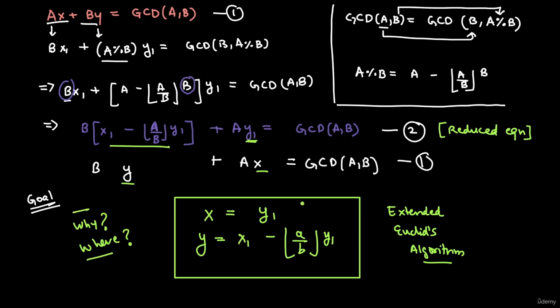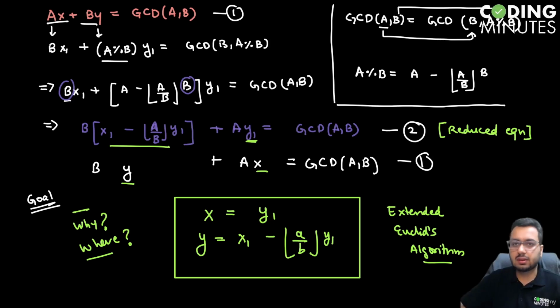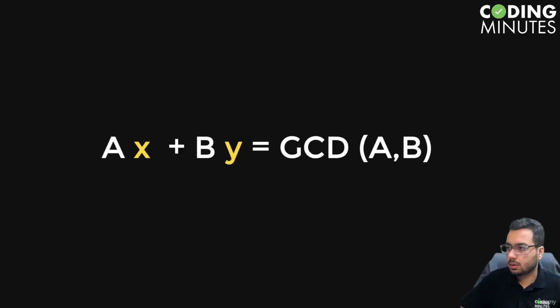Right now you should note down this result and we are going to use it in the next lecture. So that's all for this video, but it's not yet complete. Let's see the application of this result in the next lecture. It will help us reach a solution for this particular equation and we would be able to extract the values of x and y from this result. Okay, let's meet in the next video.